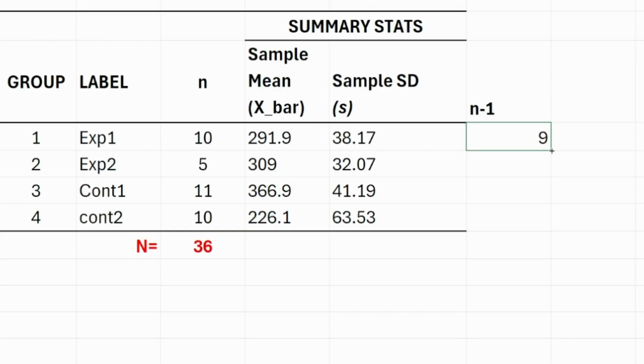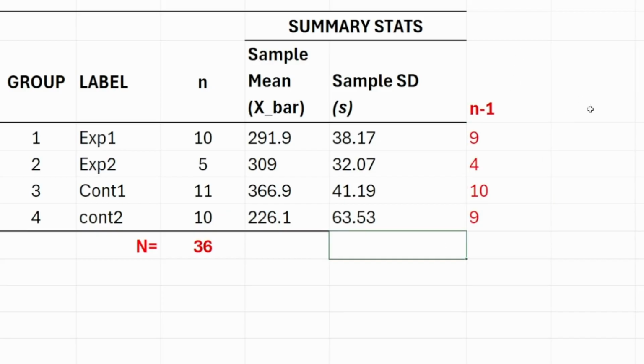Click, but don't release. Drag, and then release. Now, you can do this on the calculator. 10 minus 1 is 9. 5 minus 1 is 4. 11 minus 1 is 10. 10 minus 1 is 9. But it's nice to have it here because we're going to use it for something.